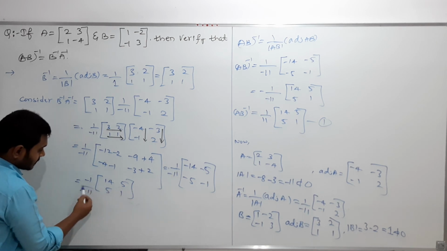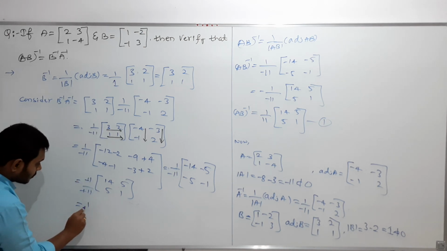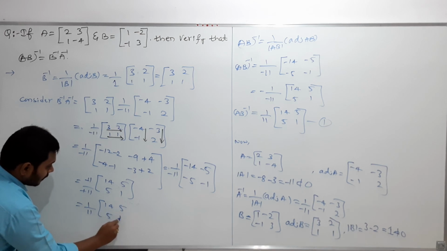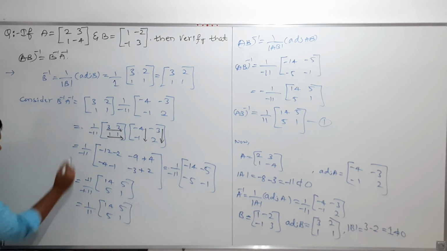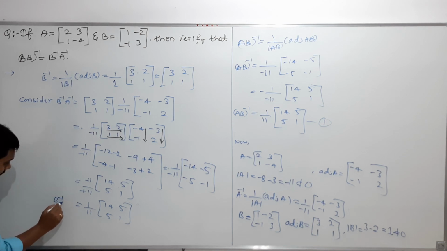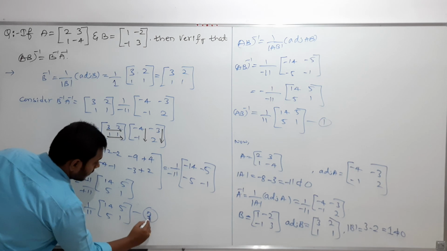This minus and this minus will get cancelled, I mean it will become plus. Therefore 1 divided by 11 into 14 5 5 1. So this is your B inverse into A inverse value. Clear? I will call it 2.